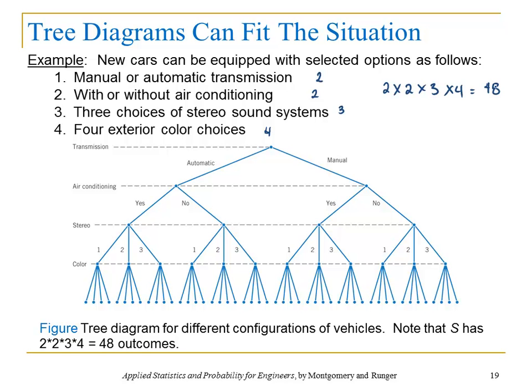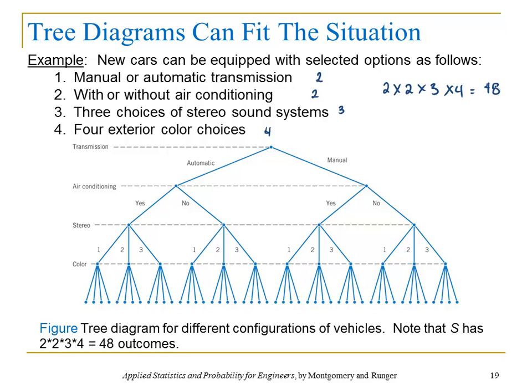And we can list them. I mean, 48 is still doable, so you can list automatic and manual, air conditioner yes or no, type of stereo 1, 2, 3, and then the color 1 to 4.